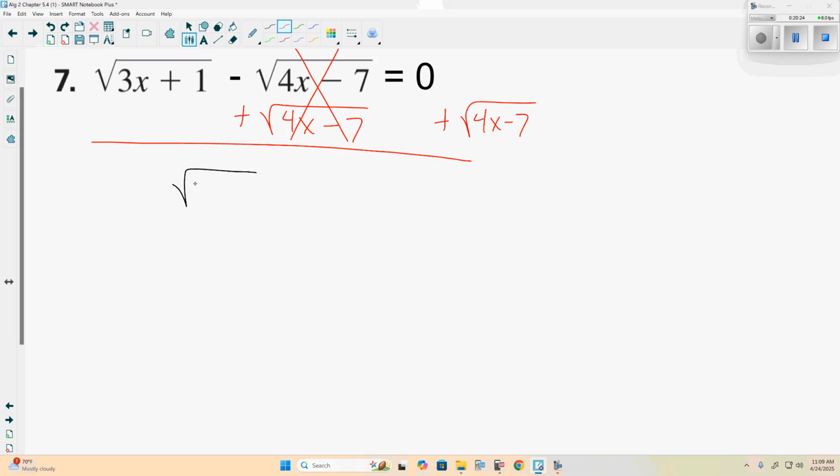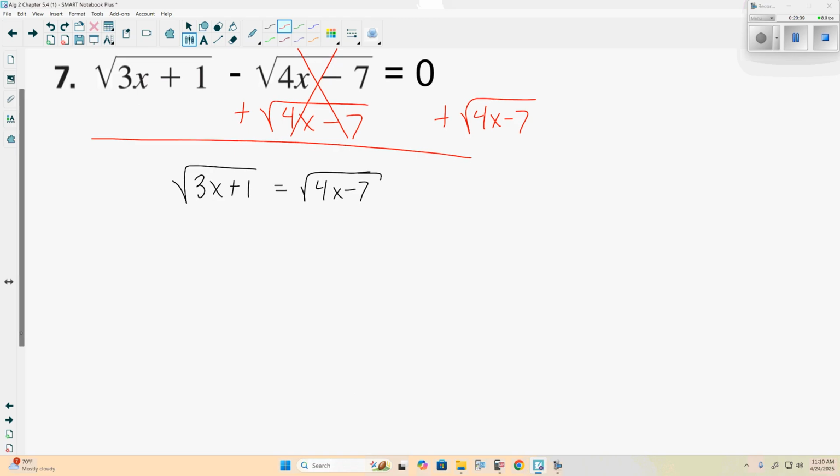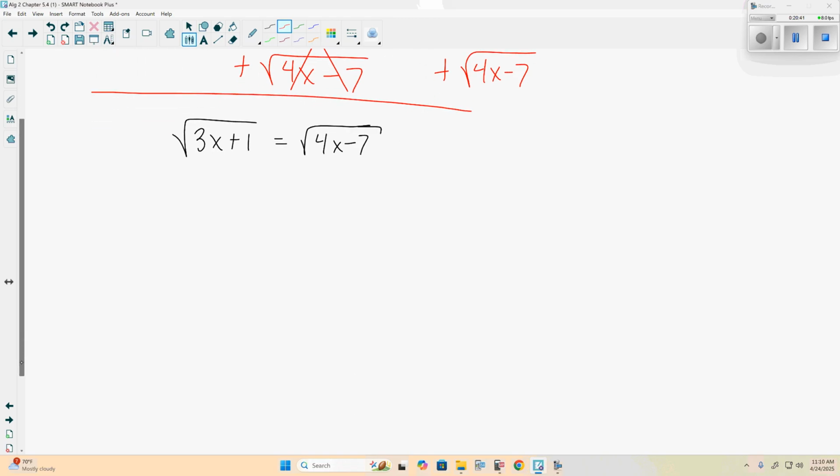So that tells us that I have the square root of 3x plus 1 on one side, and negative square root of 4x minus 7 plus square root of 4x minus 7 is 0. Are they evened out? Now we can put both sides to the second power, that nth power. So these would cancel out, telling us that 3x plus 1 is equal to 4x minus 7.